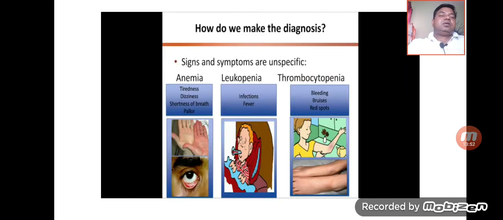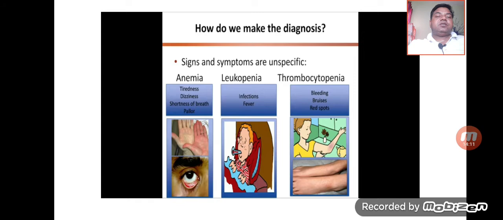So if we go through the clinical features, the signs and symptoms are unspecific, and they are related to the pancytopenia. That means the symptoms occur due to the anemia, leukopenia, and thrombocytopenia.